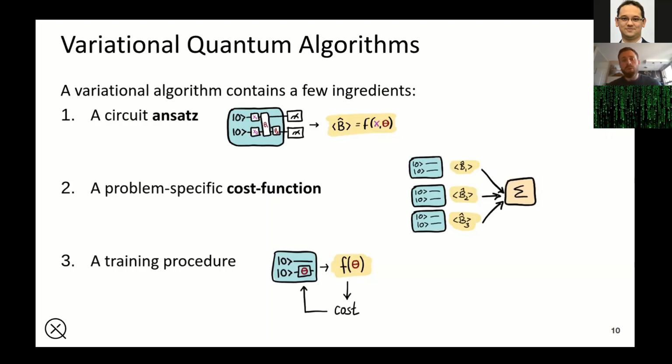Very popular examples include the variational quantum eigensolver to get the ground state energy of certain molecules, but also solving graph-based problems using the quantum approximate optimization algorithm. Once you have your cost functions defined, you can take another step and define your training procedure.